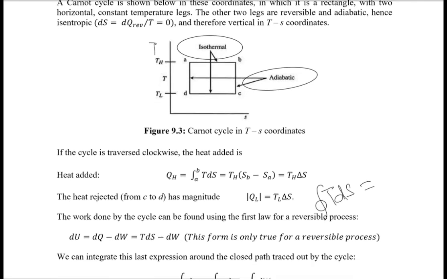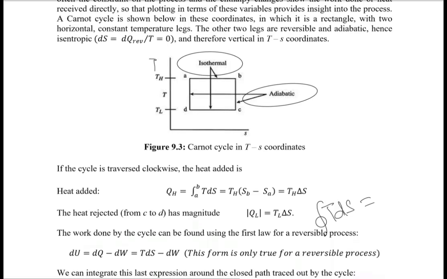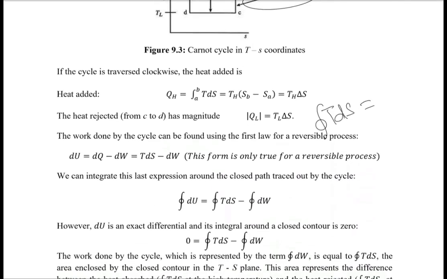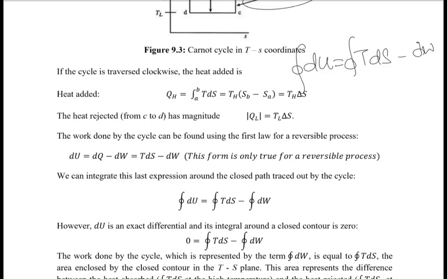Now, looking at the cycle itself and at the first law of thermodynamics for the cycle, let me write it: the first law of thermodynamics, which is dU is equal to TdS minus dW. As we are considering it for the Carnot cycle, let me write down the cyclic integral.